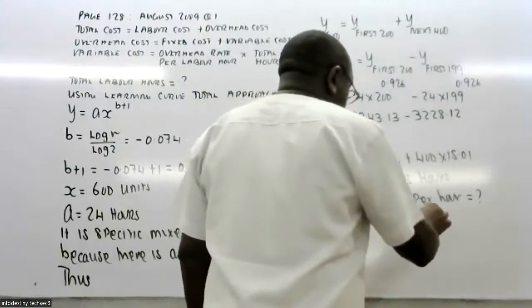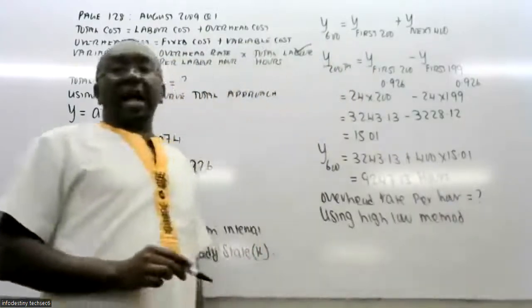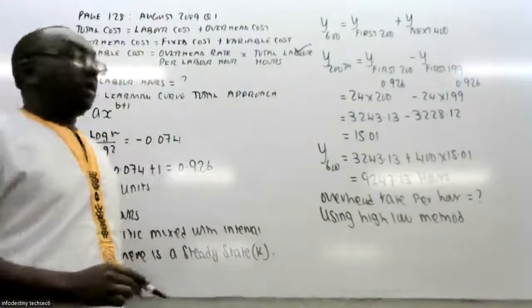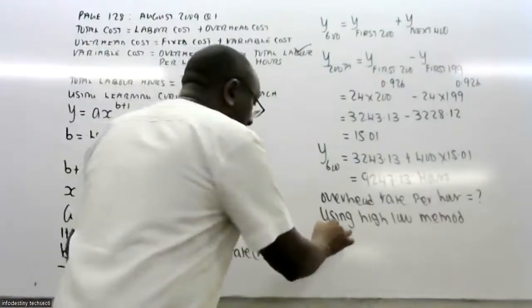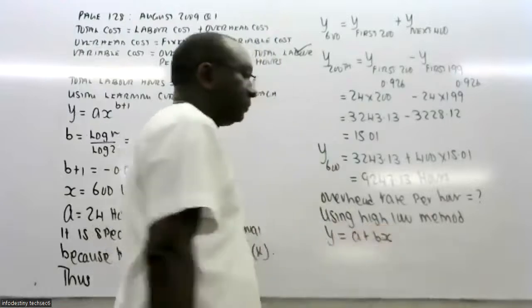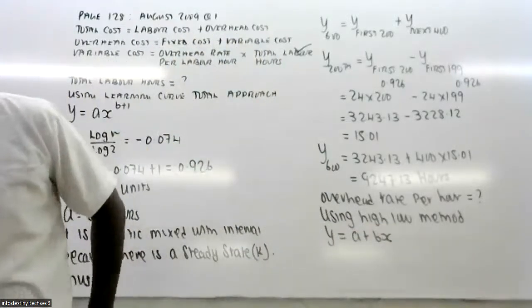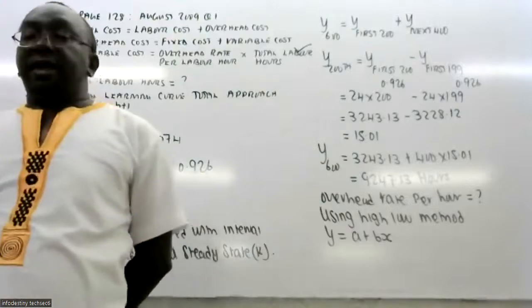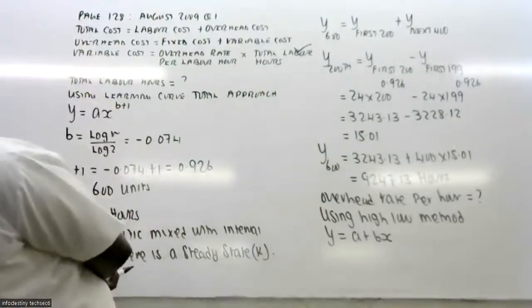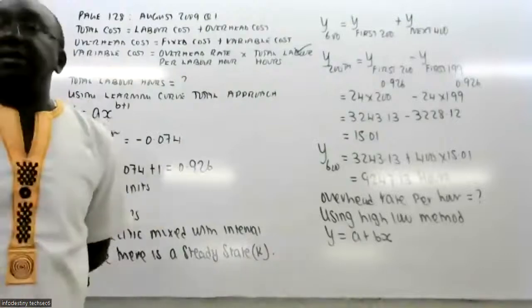Using the high-low method, this method says Y equals a plus bx. Looking at where we are given the labor hours, the highest number of labor hours is 96 and the cost is 1168.